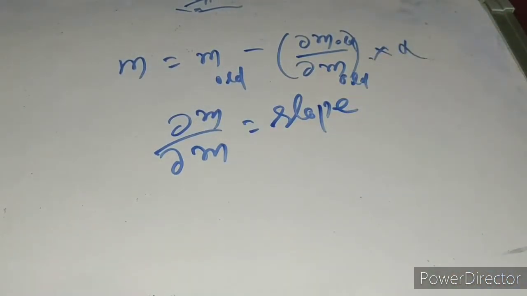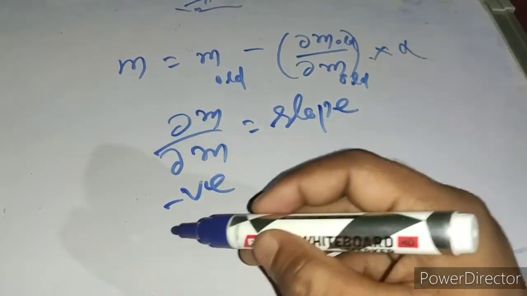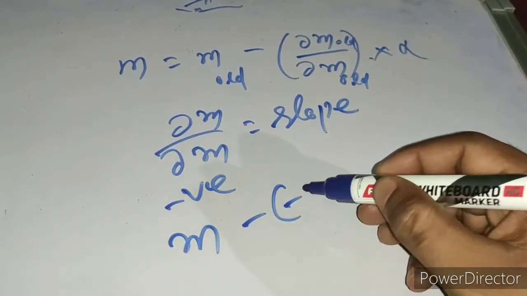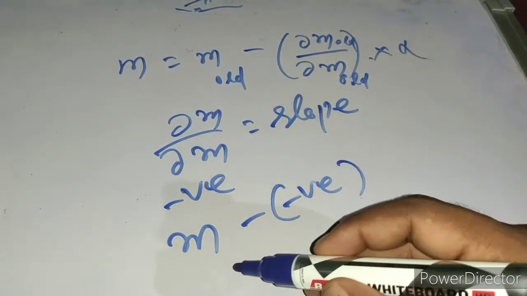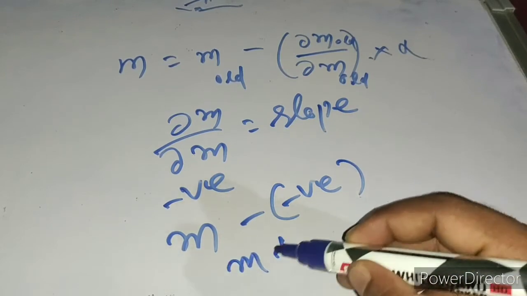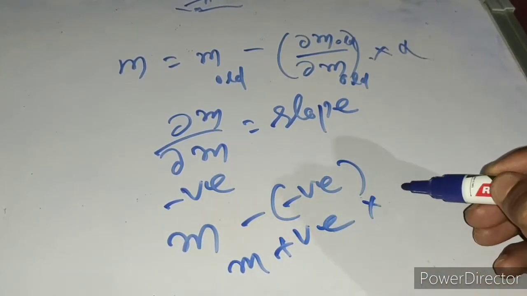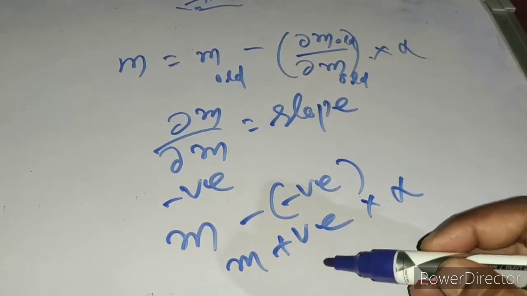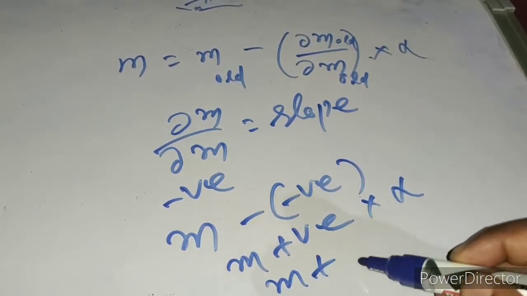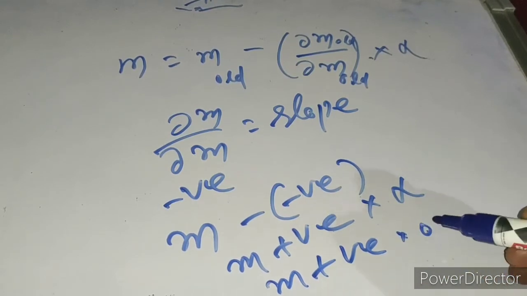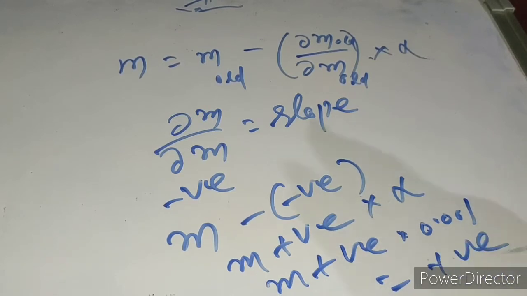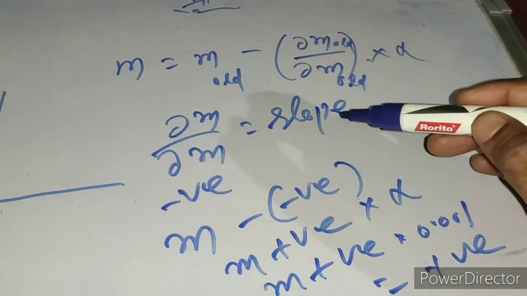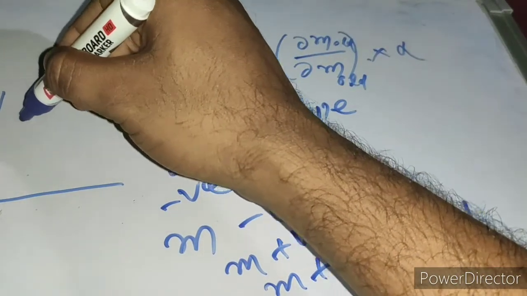If the slope is negative, it means m minus negative slope is something like m plus positive into the learning rate. So it will be m plus a positive into a very small value. Slope is negative means it is coming down like this.